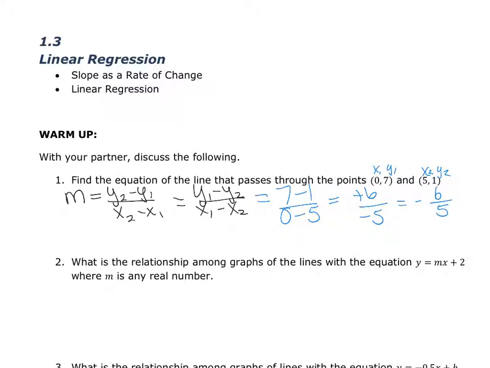It is fortuitous for us that this happens to be the y-intercept. I can go right to the slope-intercept form and write this as y is equal to negative 6 over 5 x plus 7. So there's that one.